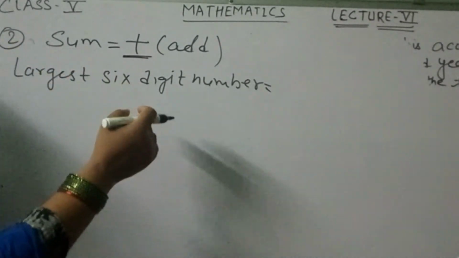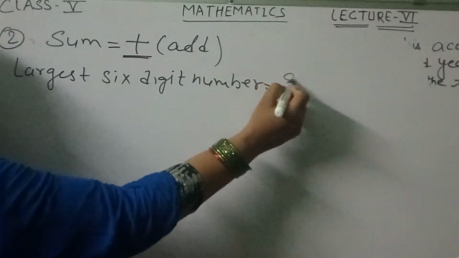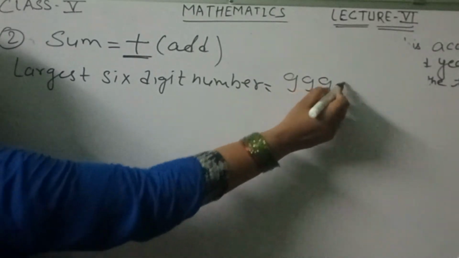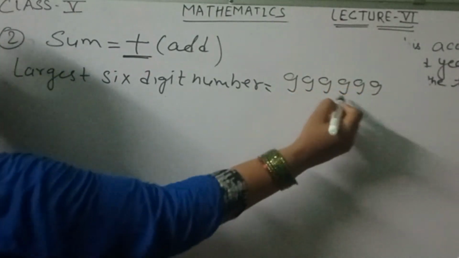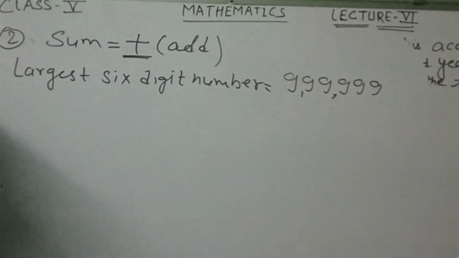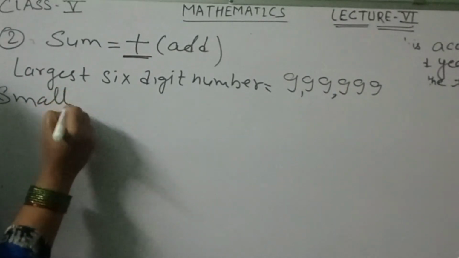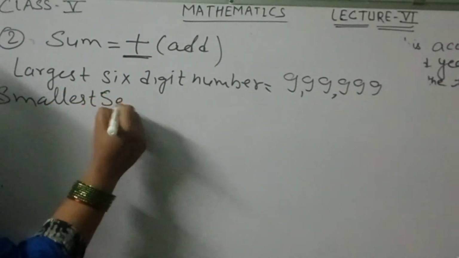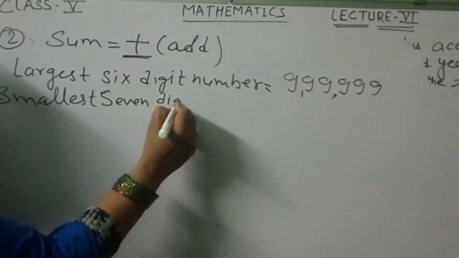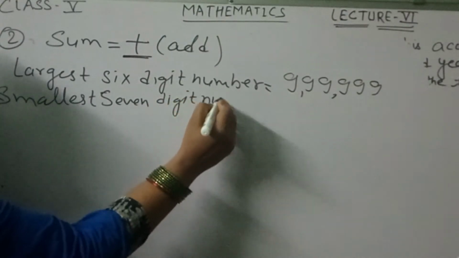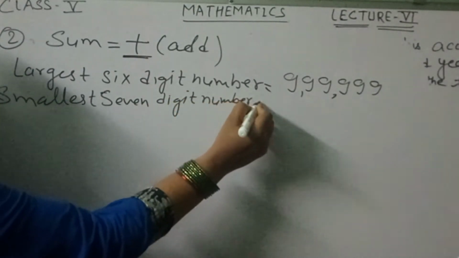We will write 9 how many times? 6 times: 1, 2, 3, 4, 5, 6. Okay. Then smallest 7-digit number. In the smallest 7-digit number, we have to start with 1.